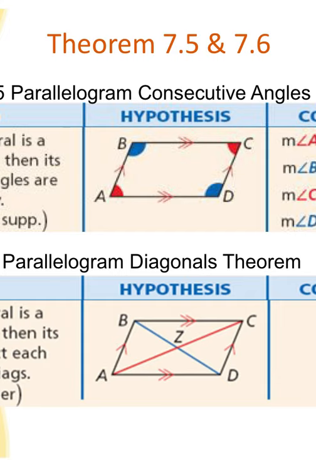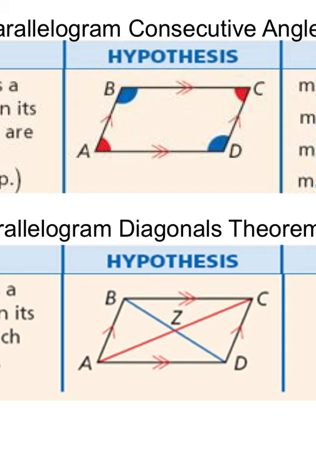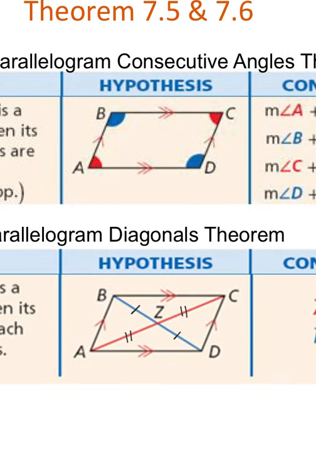And what's so special about point Z is that it cuts BD into two equal parts. And it cuts AC into two equal parts. So we can say that BZ is congruent to DZ and AZ is congruent to CZ. That is the parallelogram diagonals theorem.